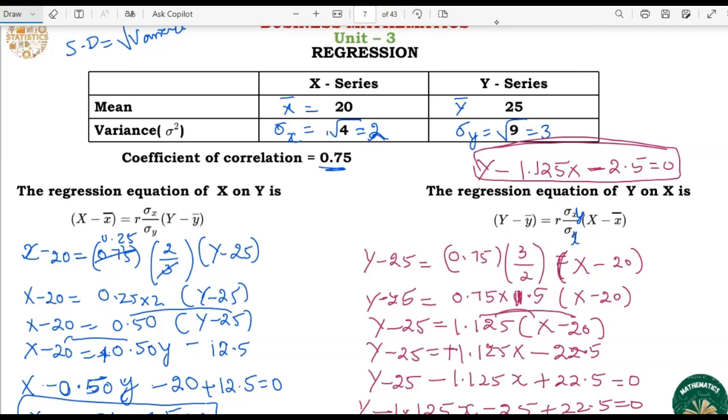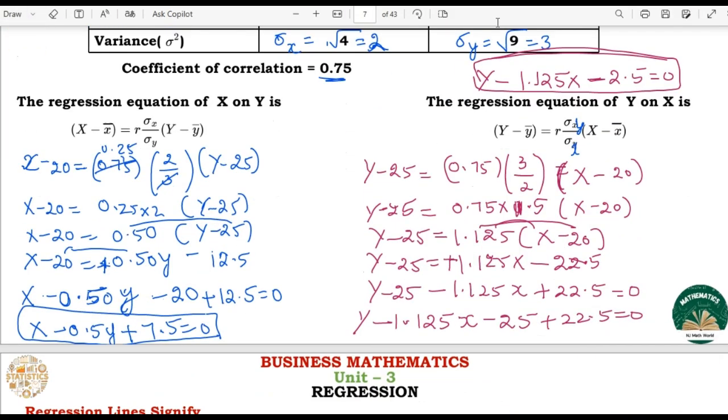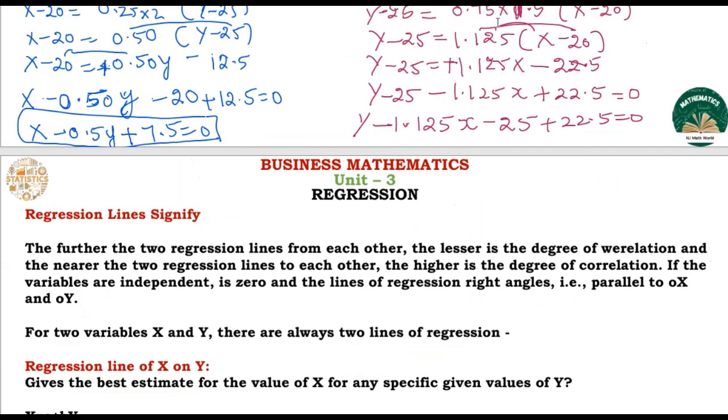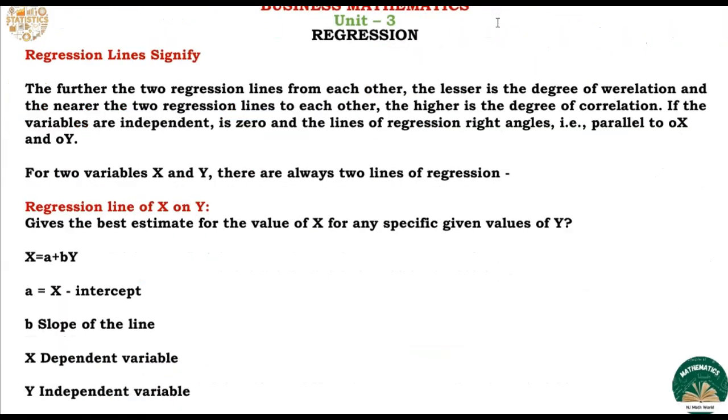So this is how you will be finding the equation for the given problems. Next we have regression lines. Regression lines signify that the further the two regression lines are from each other, the lesser is the degree of relationship, and the nearer the two regression lines are to each other, the higher is the degree of correlation.